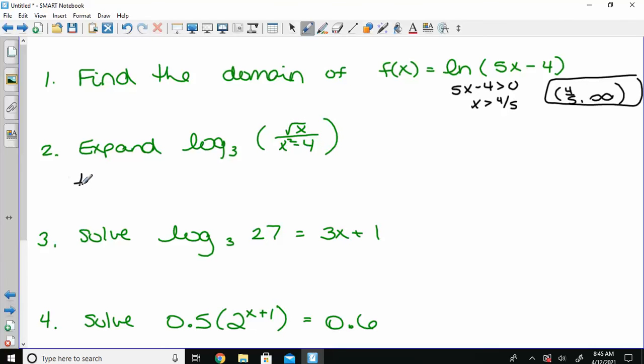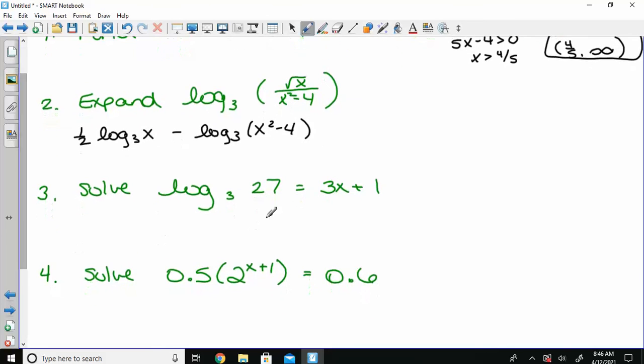So we know powers come down in front, so that's 1/2 log base 3 of x. When it's divided, we subtract log base 3 of x squared minus 4. Can you break apart if you have x squared minus 4? Yeah, if it's added or subtracted, we don't break them apart. So we would just stop there.